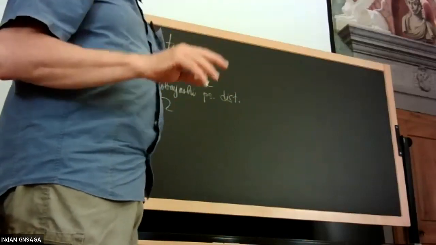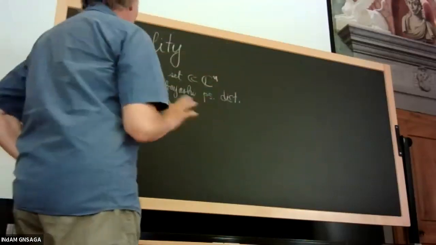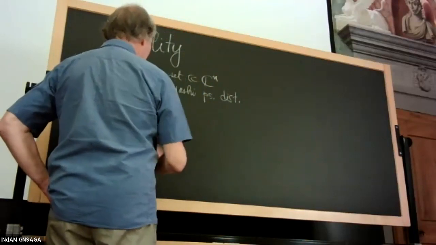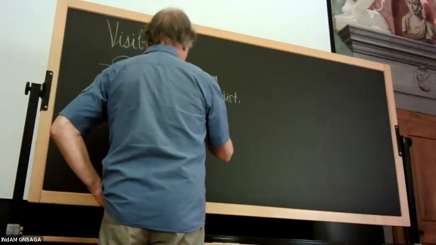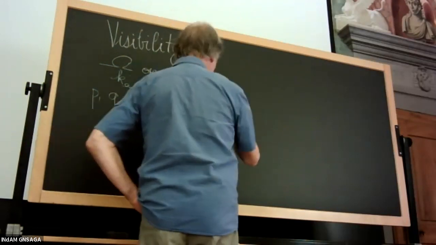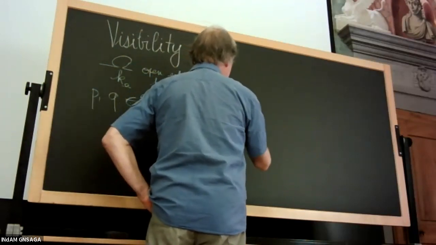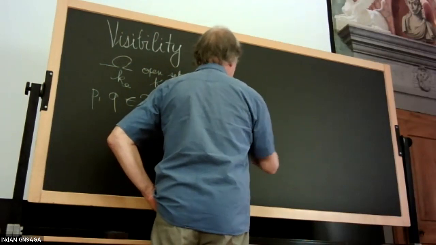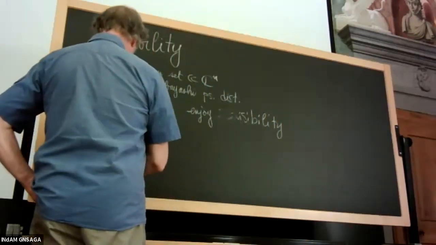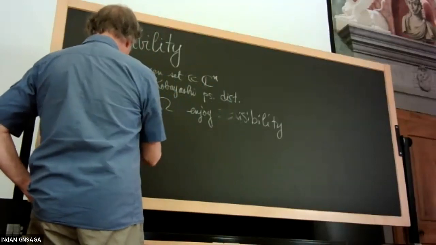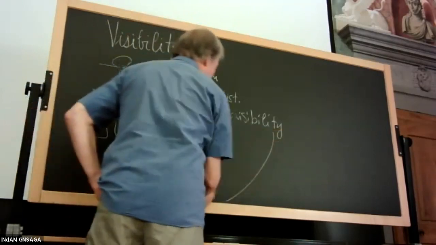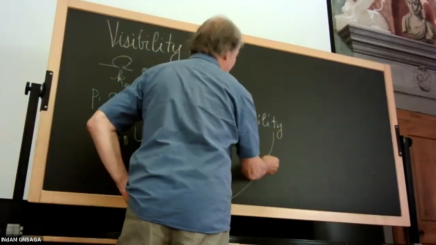I'm not going to look at abstract ones, sorry. They have the visibility property if and only if there exist two neighborhoods of those two points.